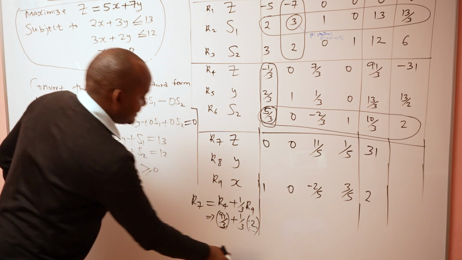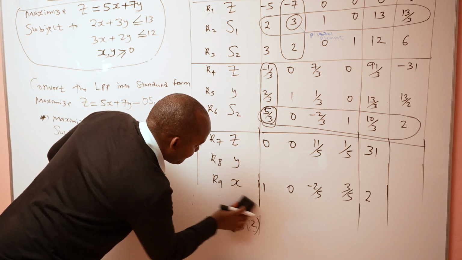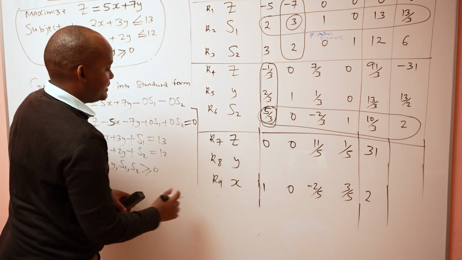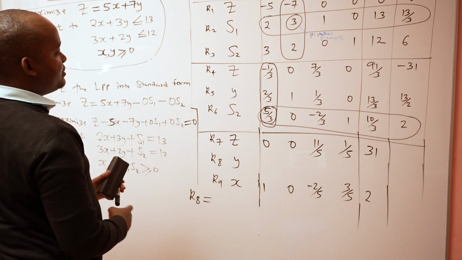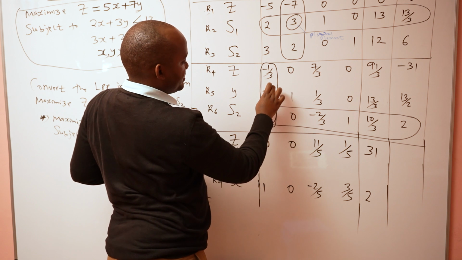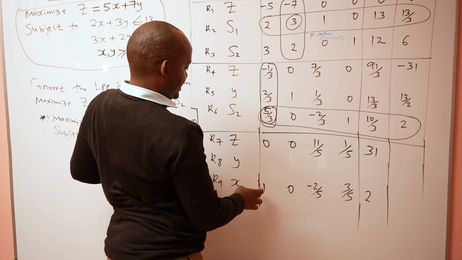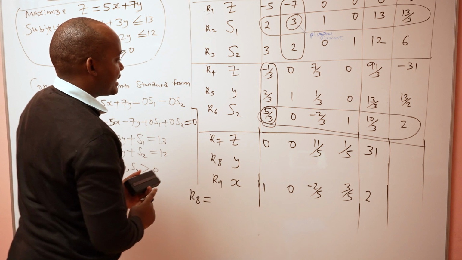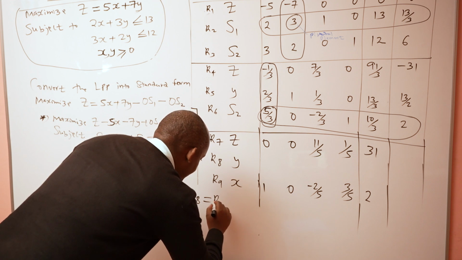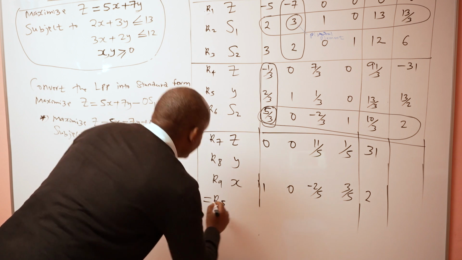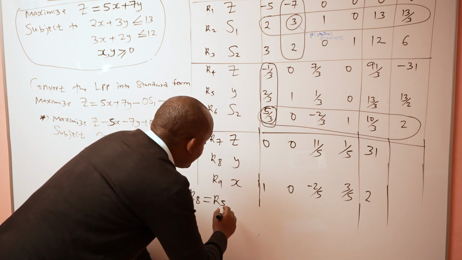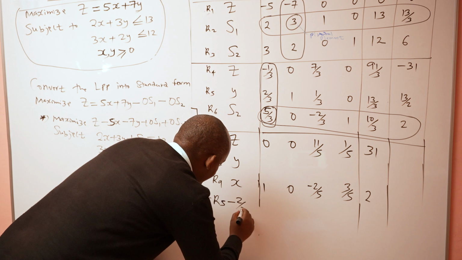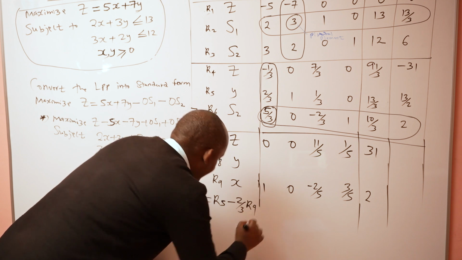So the next, we are filling this row number 8. Row number 8 will be equal to, you find an operation that will reduce this entry to 0 using row number 9. That can be done by taking row number 5, which is now this one, and subtracting 2 over 3 multiplied by row number 9.